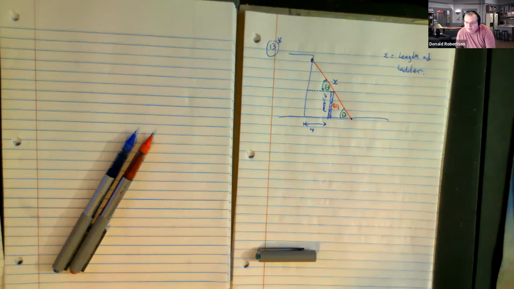Okay. Now, based on what I have just done, this ladder is going to be made up of two pieces, this distance and this distance. So that means X is going to be made up of an A and a B.